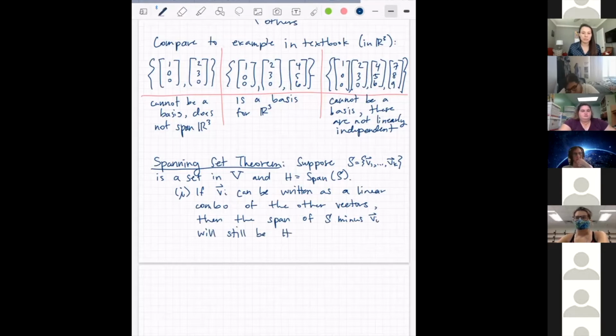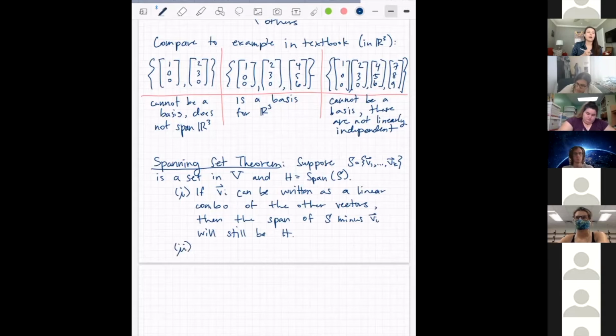So it will still be the same thing as the span of S. So it's just saying that if you have something that could be written as a linear combination of the other vectors, it's not necessary in the span. It'll still span the same thing if you pull it out as if you left it in, right?